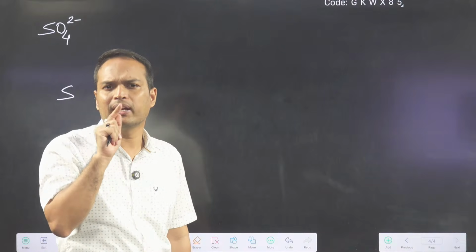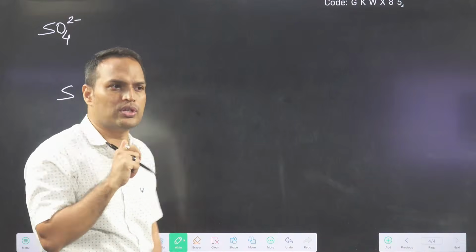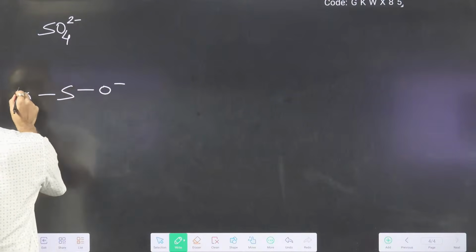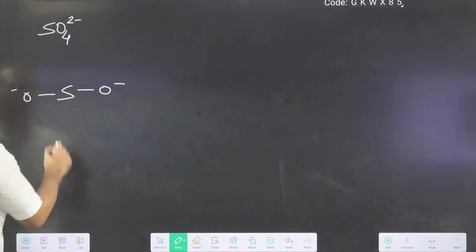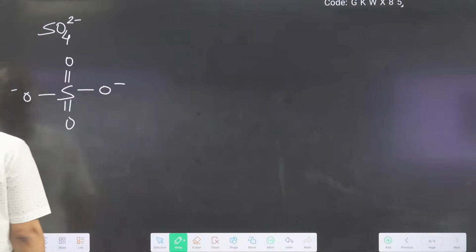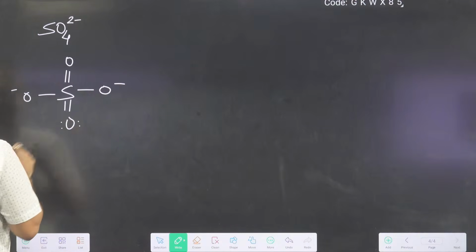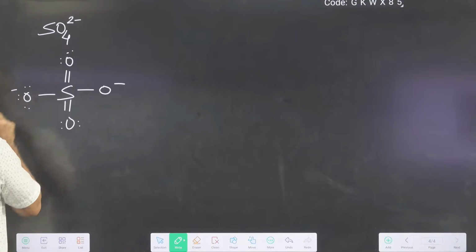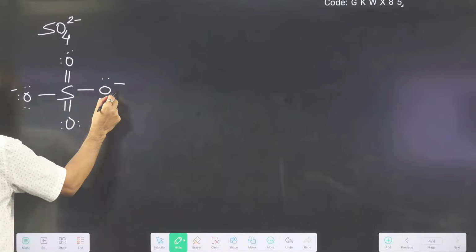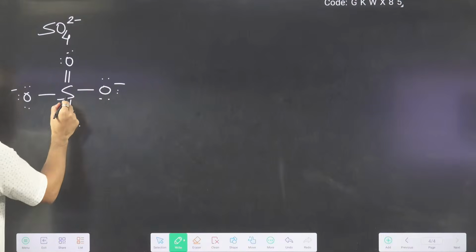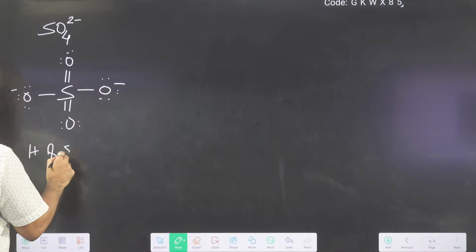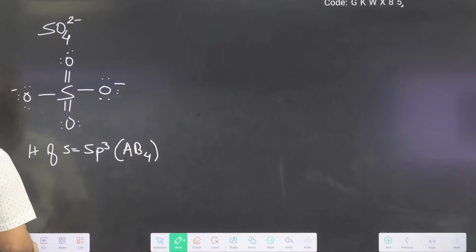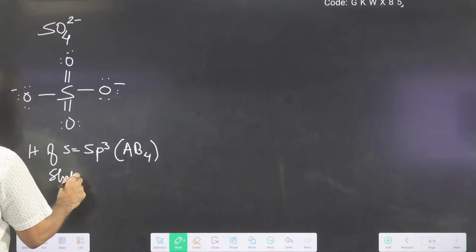That means these 2 negative charges will be present on 1 oxygen each. 2 oxygens will have a single bond and the rest of the oxygens will have a double bond. That's it. Double bond means normal, 2 lone pairs. Single bond with negative charge means 1 extra electron. That's it. So now what is the hybridization of sulfur? The hybridization of sulfur is sp3, because this is an AB4 type molecule. Shape is tetrahedral.